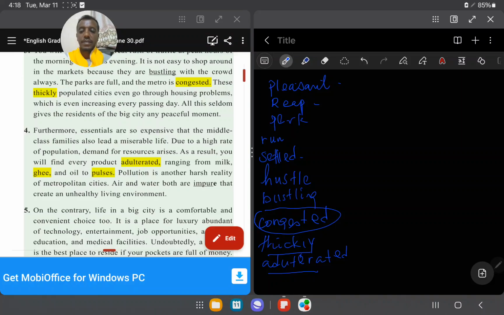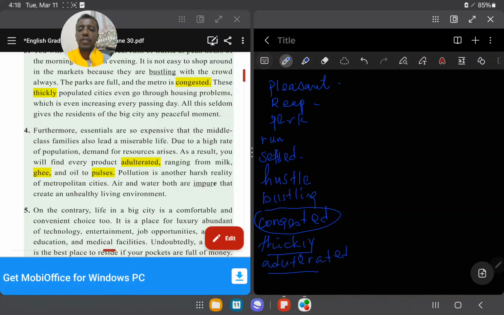These oily foods become adulterated. Air and water both are impure, not pure. At the same time I keep telling you, so you must understand what adulterated means here.